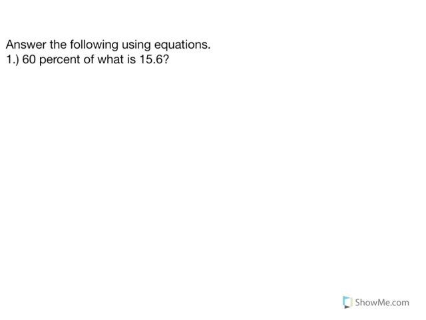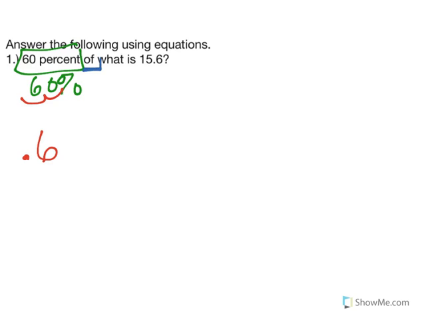All right, number one. When we are using equations, we will take words and turn them into math. So 60% of what? Right now I have 60%, but when I am playing with a problem, I can't have a percent sign. So I'm going to use what we know about changing percent to a decimal and make that 0.6.